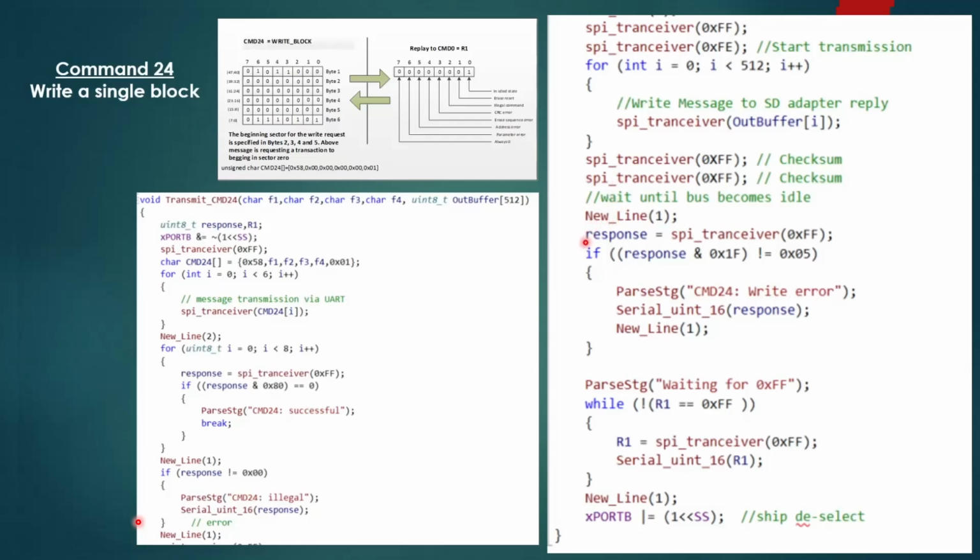After that, we send a dummy message so we get a response. What we're trying to do at this point is verify that the data got across and got stored. To do that, we send the dummy message, store the value in the response, and then check to see if the response ANDed with 1F is not equal to 5.